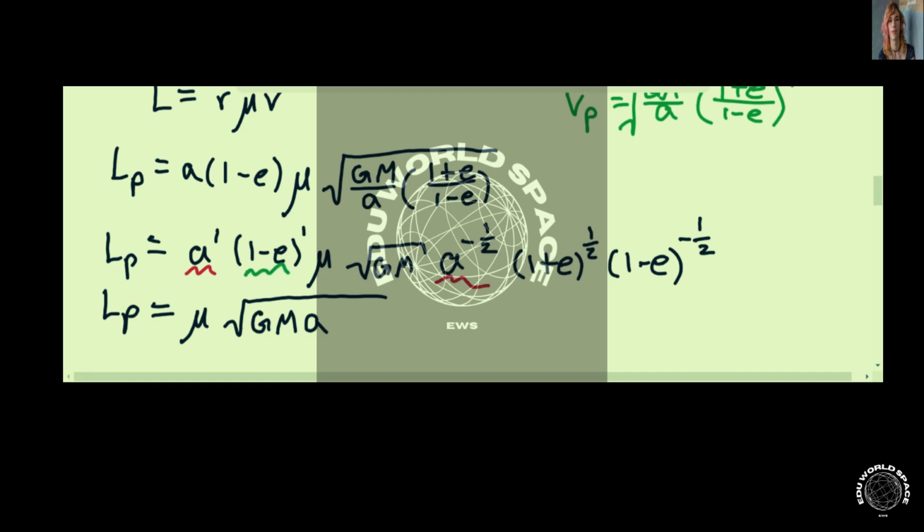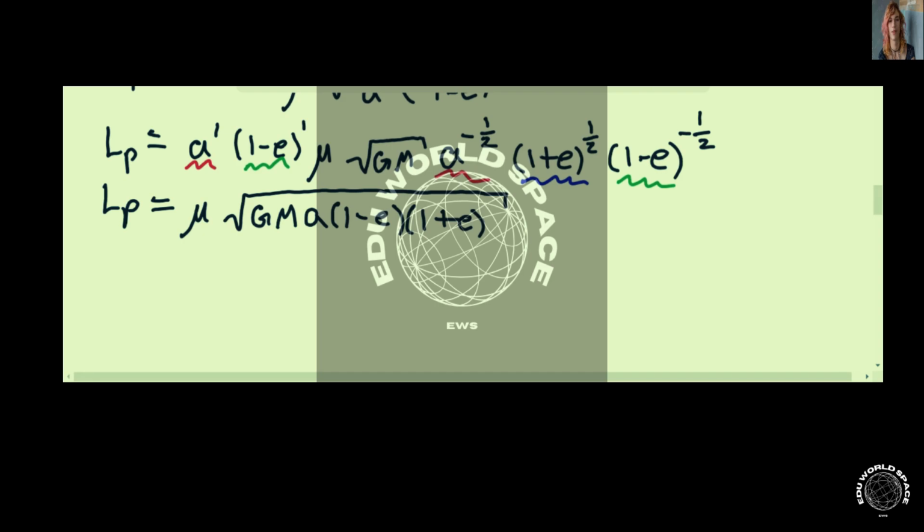I had 1 minus e to the power of 1 and 1 minus e to the power of negative 1/2 for a total exponent of positive 1/2. So again, now that is inside my radical. The square root is the same thing as to the power of positive 1/2. That was 1 minus e. And then my 1 plus e also had a positive 1/2, so that just stays positive 1/2, which is inside the radical. Okay, and I've taken into account all of my terms.